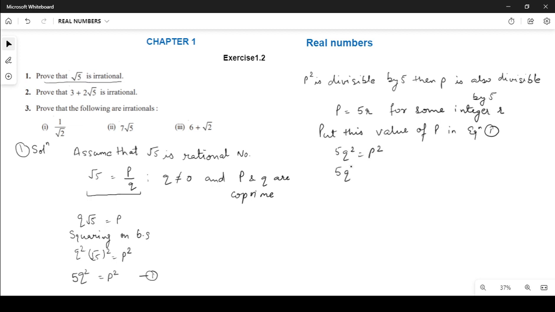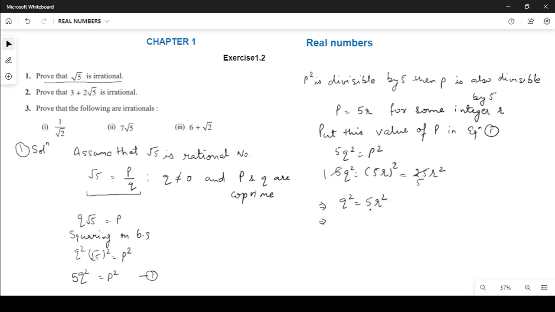We put the value of p, that is 5r square, right? So squaring ओपन करते ही हमारे पास आएगा 25r square. Now 5 ones are 5, 5 fives are 25, right? We get, this implies that q square is equals to 5r square.